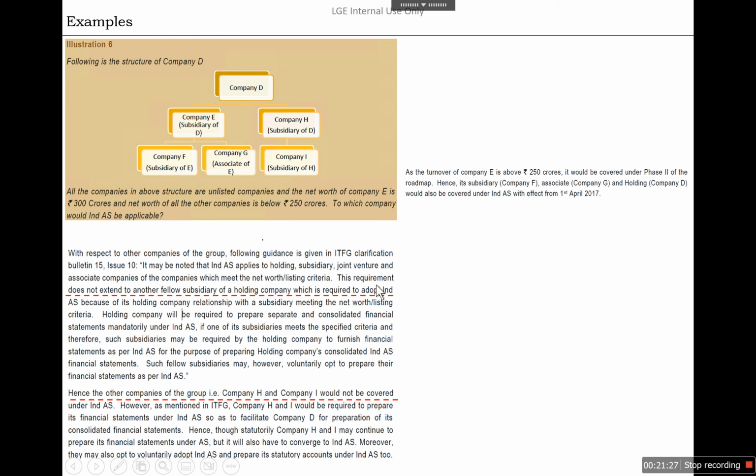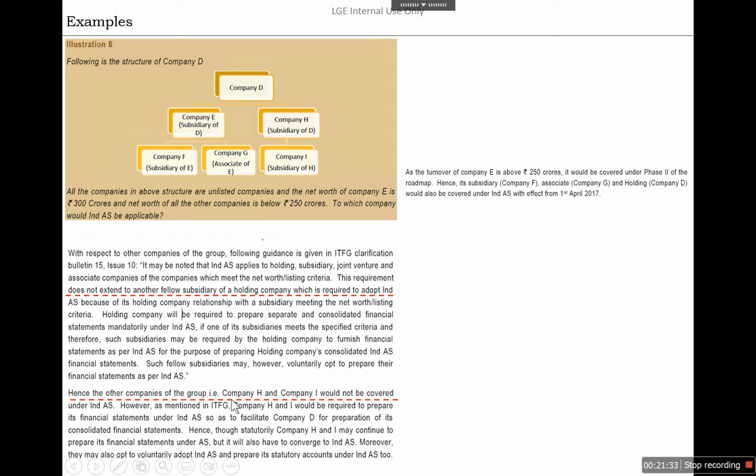And the second case is, if Ind AS is applicable, it will be applicable to the parent company as well as the subsidiary company. But in this case, the fellow companies are not required to follow the Ind AS because they are not directly connected. H and I are not supposed to follow the Ind AS. Let's see. This requirement does not extend to other fellow companies of a holding company which is required to adopt Ind AS.